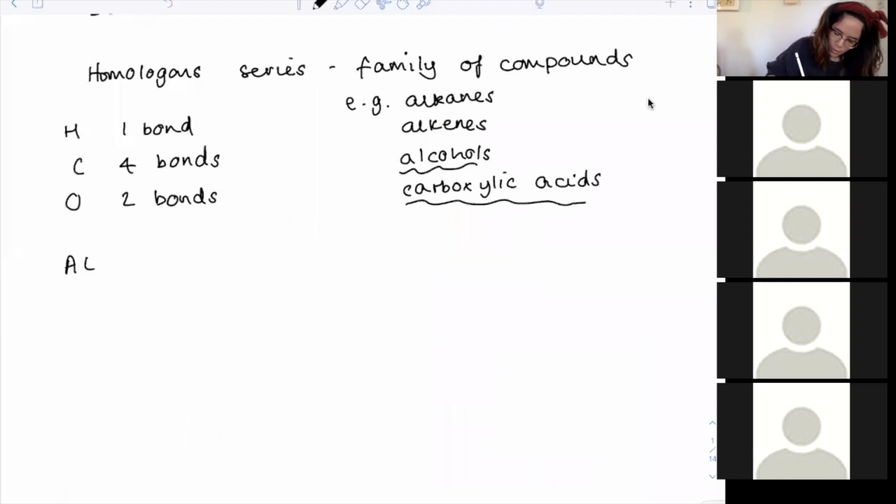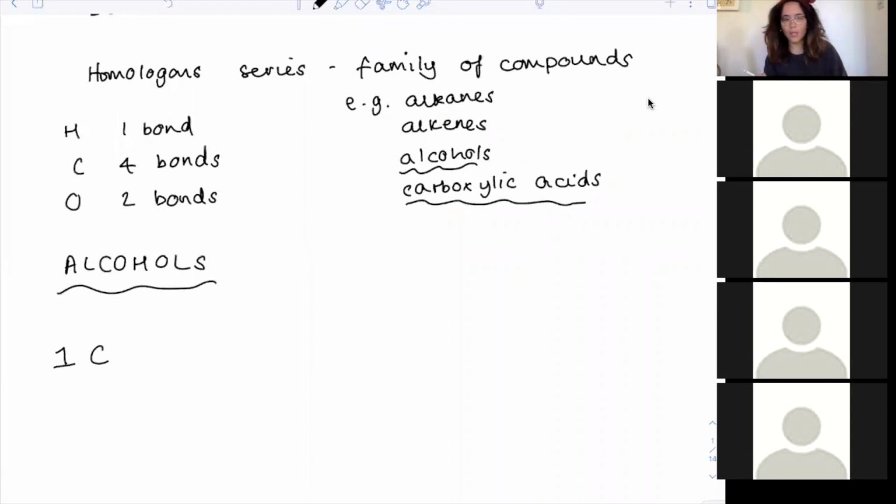So, brand new stuff now with alcohols. Starting with 1 carbon atom. Well, we know from last week that 1 carbon is given by the prefix meth. Because it's an alcohol, the end of its name is going to be anol. So the first alcohol is methanol. So how are we going to draw that?